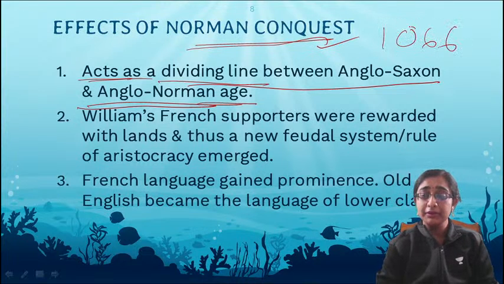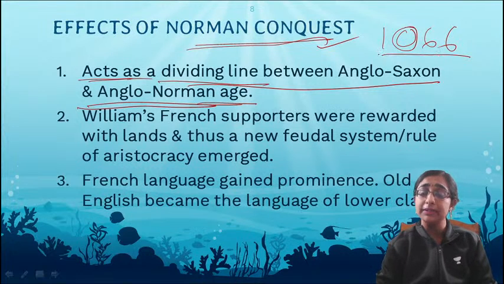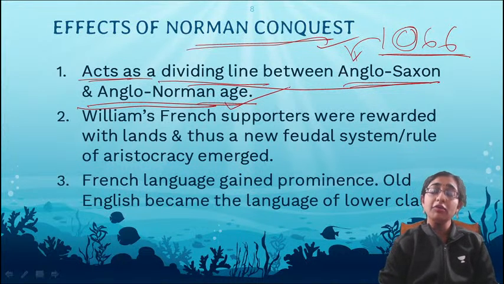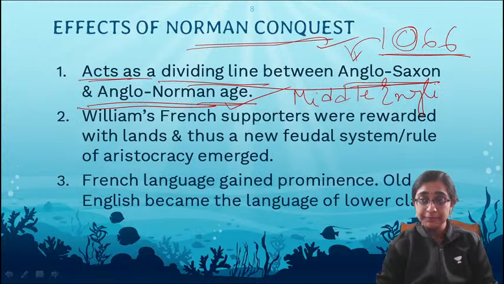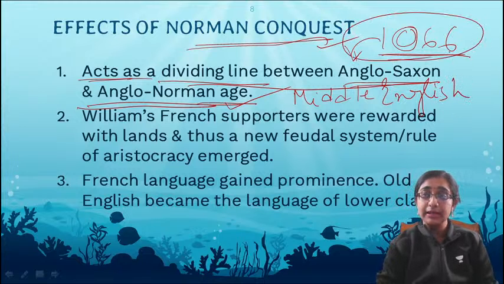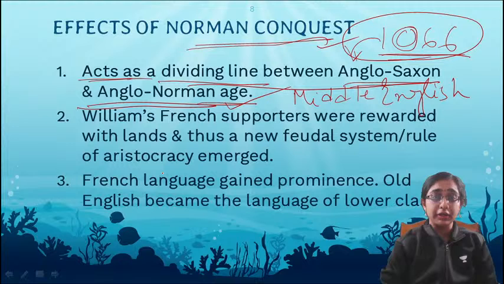And as I have told you already, Anglo-Norman age actually started from this year. So this year naturally marks the end of Anglo-Saxon age and the beginning of Anglo-Norman age or Middle English age. So the Old English period ends and the Middle English begins. That is why this year is very, very important.